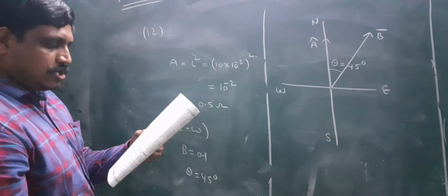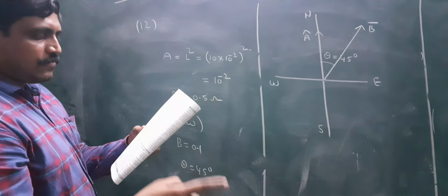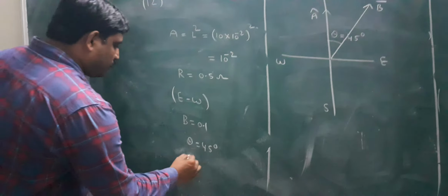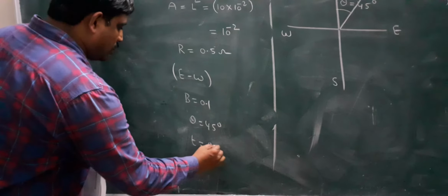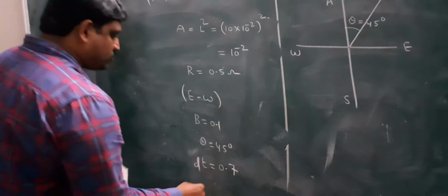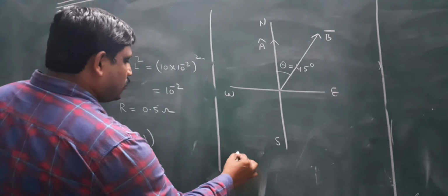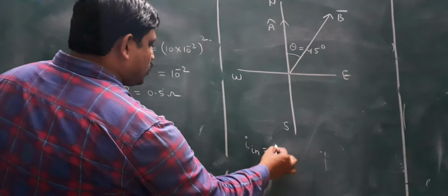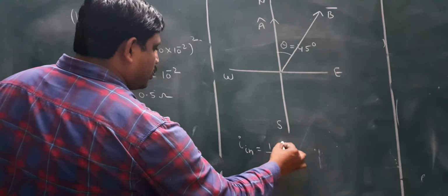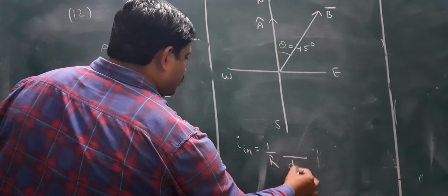Here the question is, finally the magnetic field is 0 after some time, and the time is given as 0.7 seconds. Find the induced current. What is the induced current formula? 1 by R into d phi by dt.